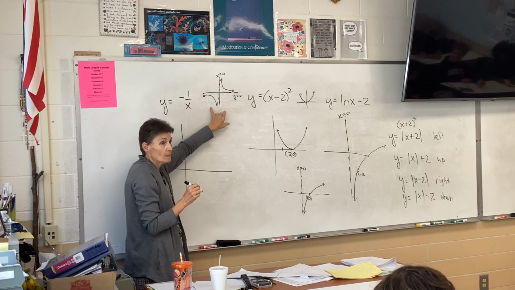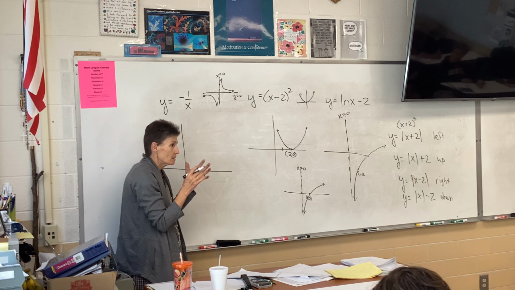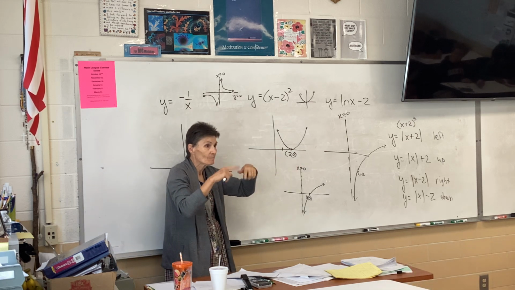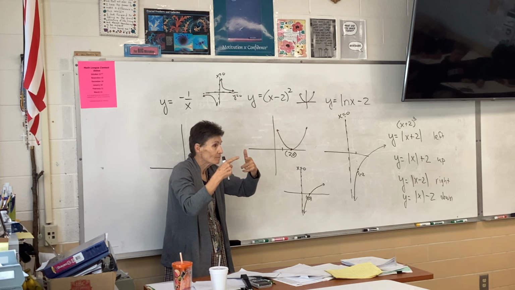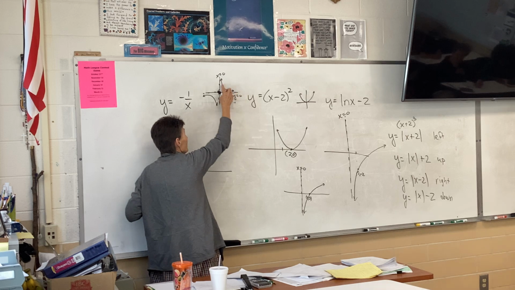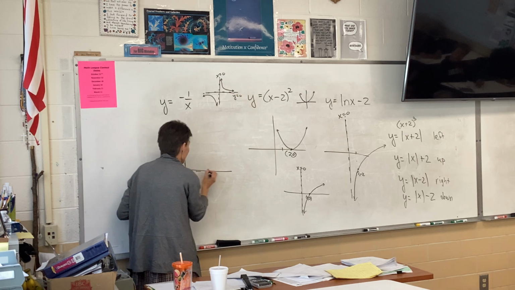That's in your sheet. Okay, now what have we done? We put a negative on it. Who remembers what that means? Negatives flip you upside down, right? So instead of this being in quadrant 1, it's going to be down here in quadrant 4.